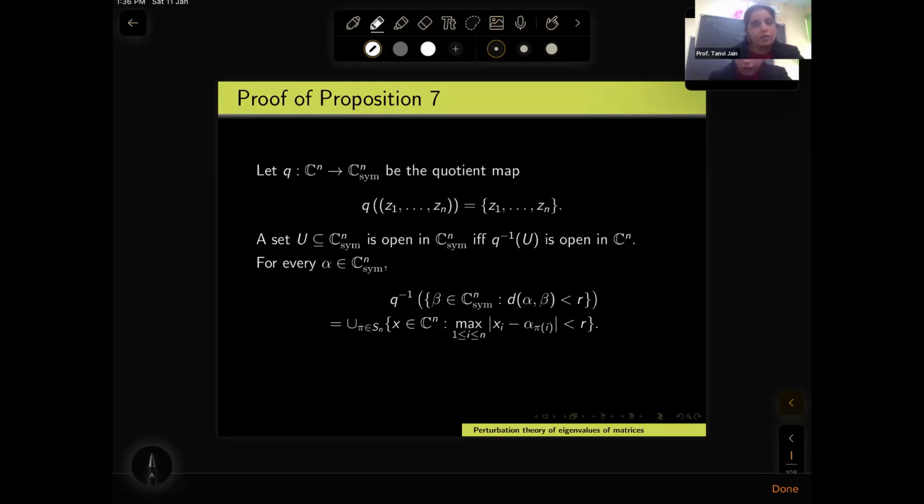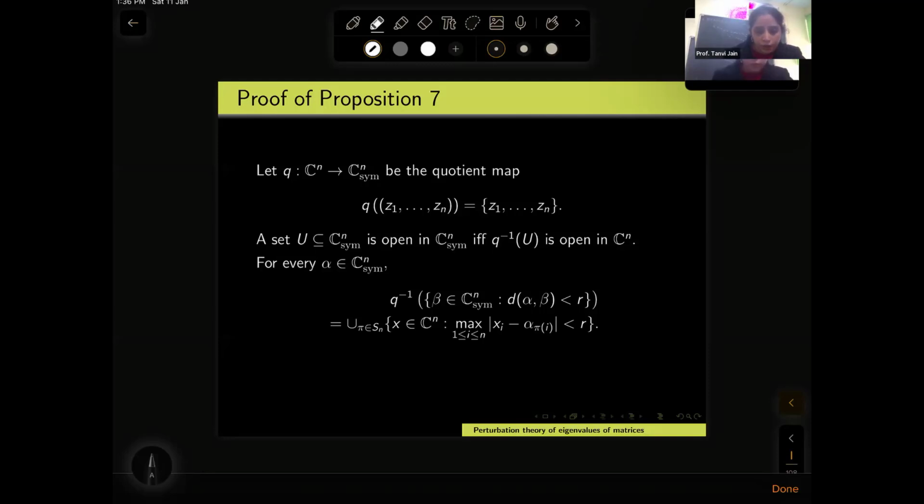One can see that this equality holds; it's an easy thing to check. As soon as you check this equality of sets, you can easily prove that the two topologies, the one induced by the optimal matching distance and the quotient topology, are the same.